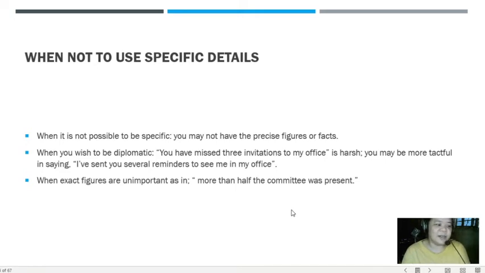And then the third one is when exact figures aren't important. There are instances where the figures or the facts are not important. For example, when you are speaking in front of an audience inside a venue and you say that we are gathered here today in the city hall, that is moot.